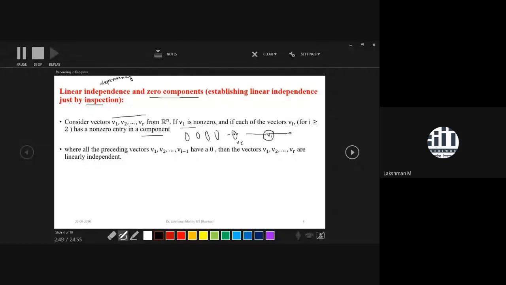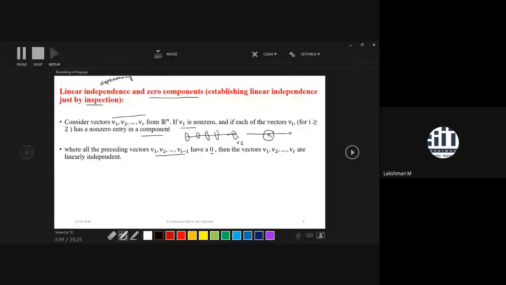Now, according to this non-zero entry, we travel back in the same coordinate. That means suppose the non-zero entry is in the second coordinate, then you look at the second entry of all the previous vectors. If all previous vectors have zero there, then we can simply say that vectors v1, v2, and v3 are all independent.